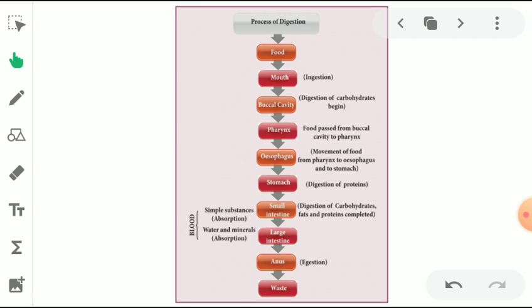Water and minerals are absorbed and sent to the blood. From here, undigested food reaches the large intestine. Here, water and minerals are absorbed again. The remaining waste material is sent to the anus, where it is called fecal matter and passes out through the anus. That is the waste product.